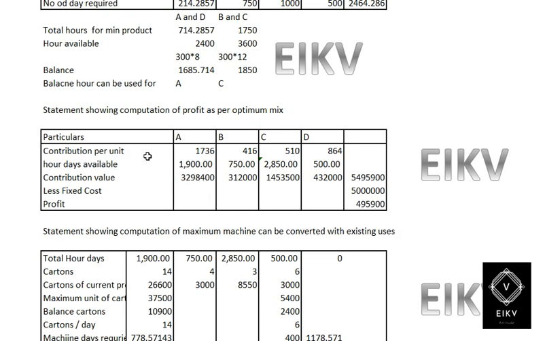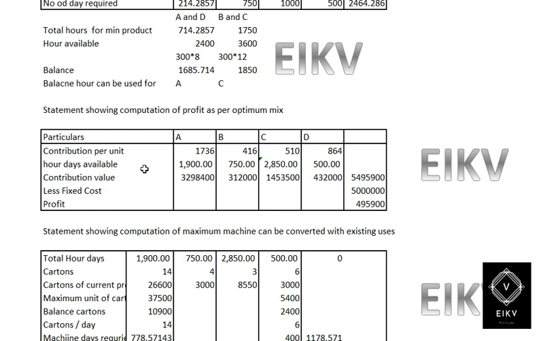So the optimum mix statement shows the computation of the optimum mix. First of all, I have taken contribution per unit 1736, 416, 610 and 864.